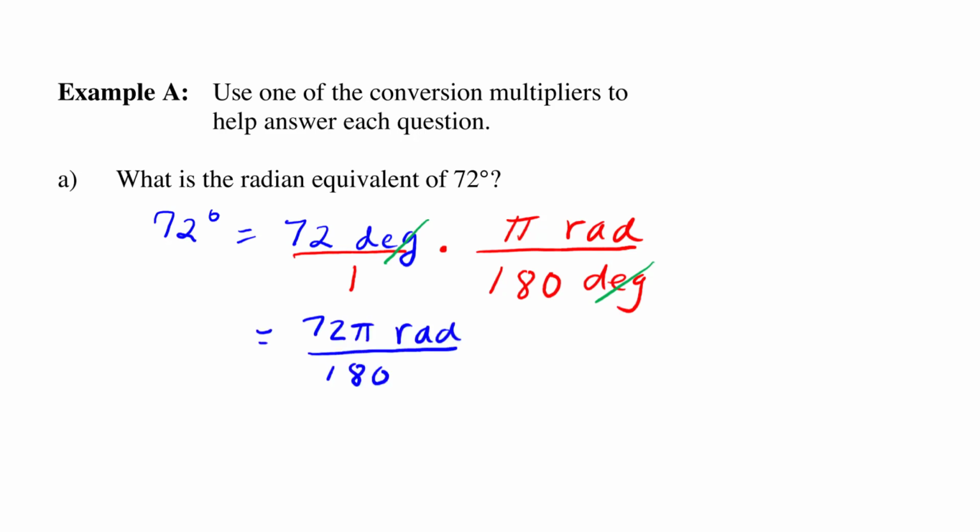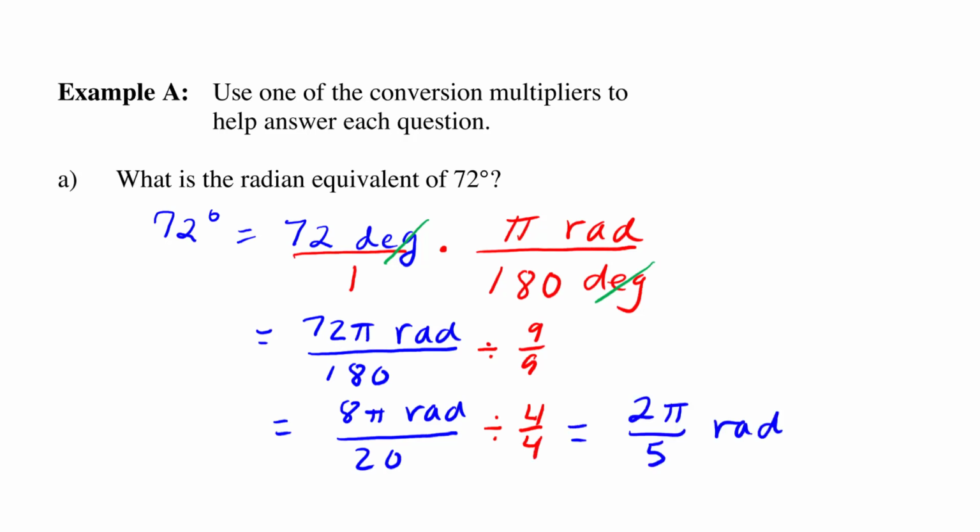Then we no longer have degrees, we just have radians. 72 pi radians over 180, I'm going to divide each of those by 9. And that gets us 8 pi radians over 20. We'll divide by 4, can take it down a little bit further, and that becomes 2 pi over 5 radians. And that's the equivalent of 72 degrees.